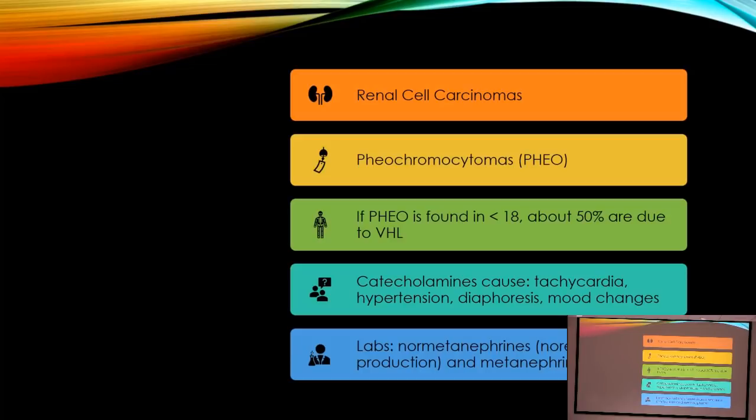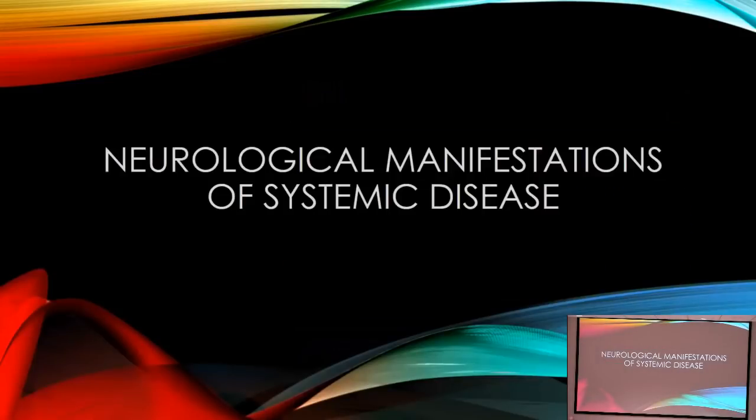We can screen for this by checking norepinephrines, which will allow us to assess norepinephrine production, and metanephrines, which has a decent sensitivity and specificity for this. These would be kind of unique things here for von Hippel-Lindau syndrome. All right, so that was a quick run through. Do you have any questions about neurocutaneous syndromes?